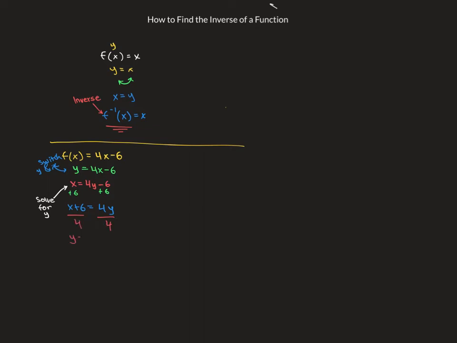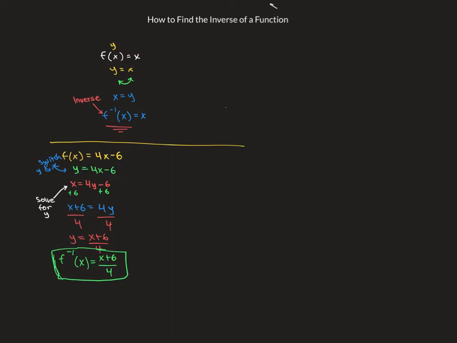So that means y is equal to x plus 6 over 4. And instead of y, our final equation would look like f of minus 1 x is equal to x plus 6 over 4. And the reason we put f of minus 1 x instead of y is because this tells us that this is the inverse.